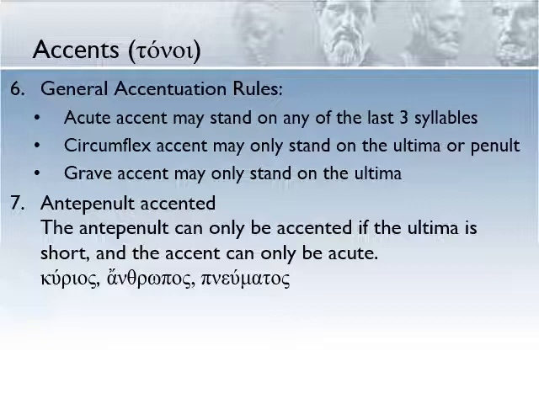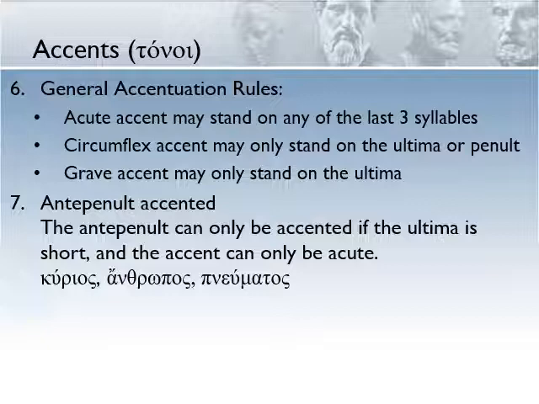Notice it is accented properly with an acute accent. And it can take an acute accent because the last syllable, the ultima, is short. Again, it's os, spelled with omicron. Omicron is always short. Hence, this syllable is a short syllable. Anthropos.